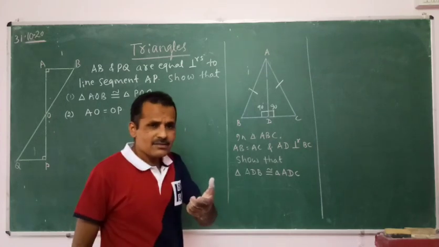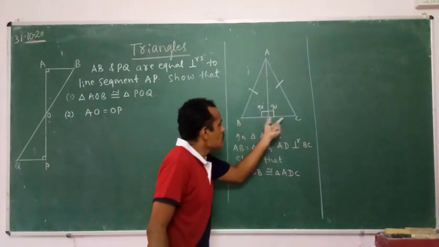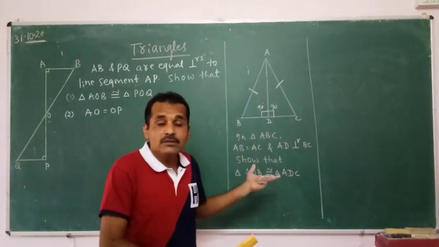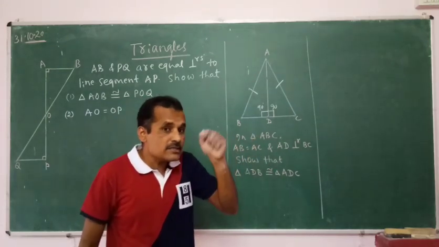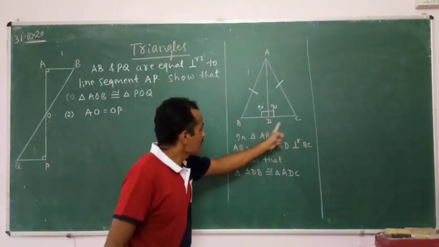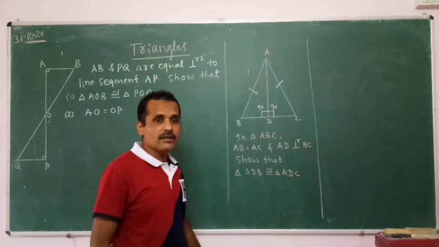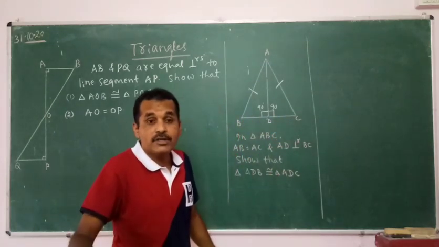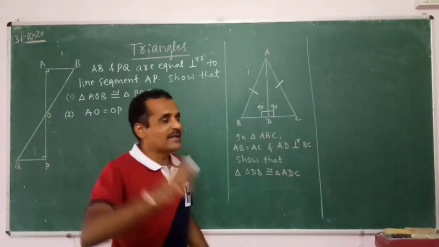You may say, sir, it is very simple, we can take these two as equal. No, my dear children, because that is not given. Unless they give you, you can't take it on your own. What is one more equal thing? You may say this is equal to this. No, it is not given. My dear children, it is very easy.